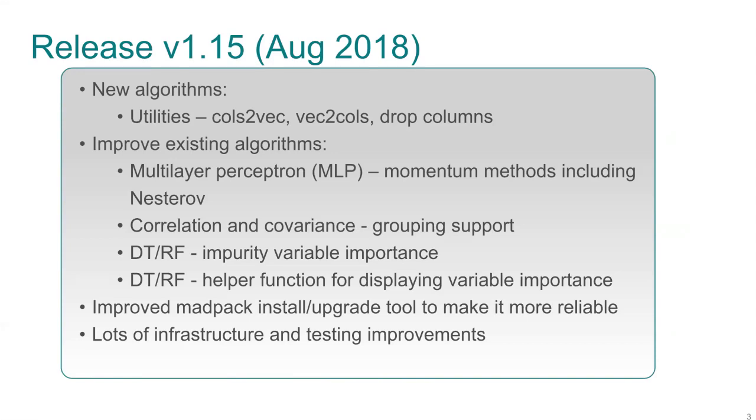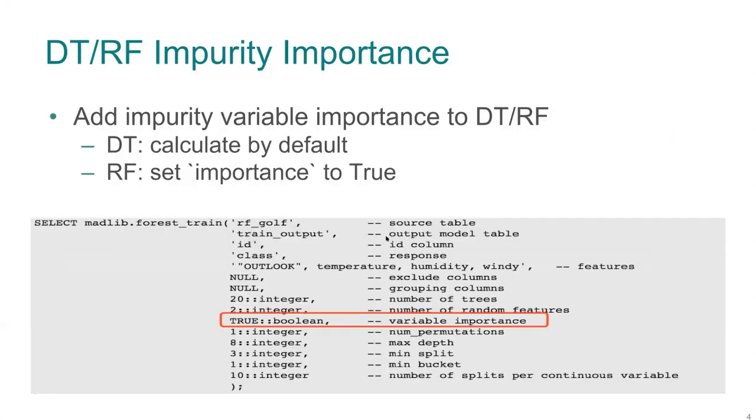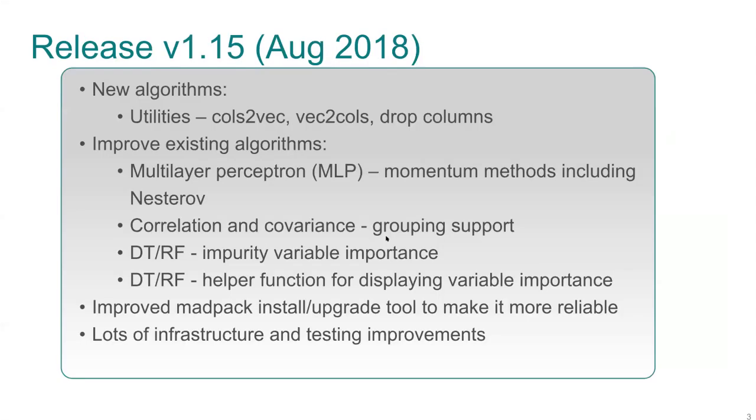In the area of decision trees and random forest, we've done some work in variable importance. We've added a new kind of variable importance called impurity variable importance. We've also added a helper function that makes it easier to display the variable importance values by variable.